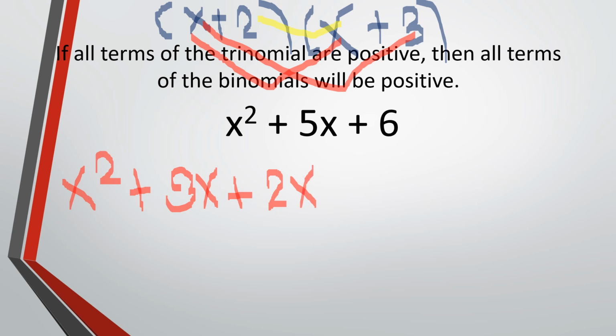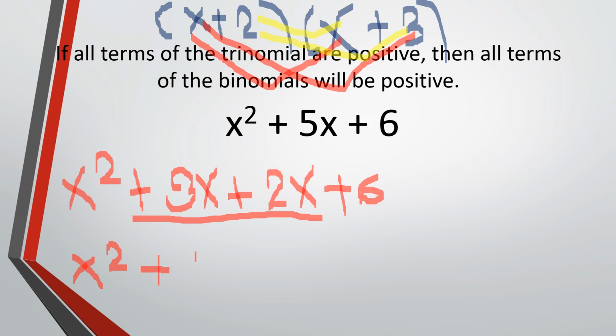And positive 2 multiplied by positive 3, the answer is positive 6. Now bring down the first term. Combine the middle terms: positive 3x and positive 2x give positive 5x. And bring down positive 6.